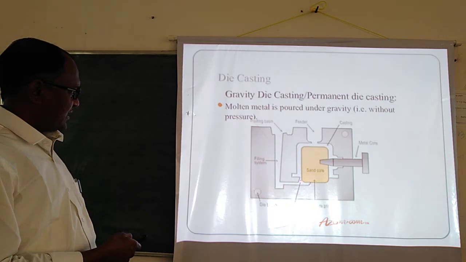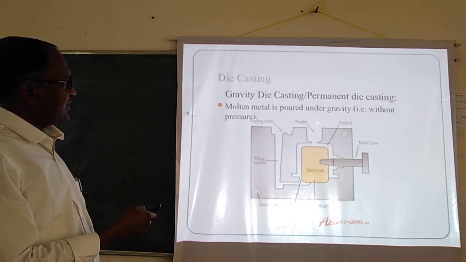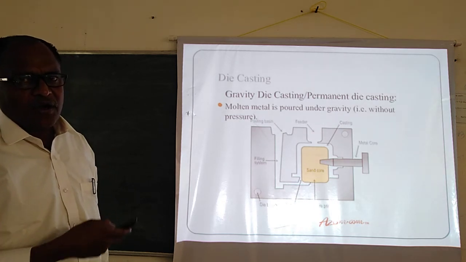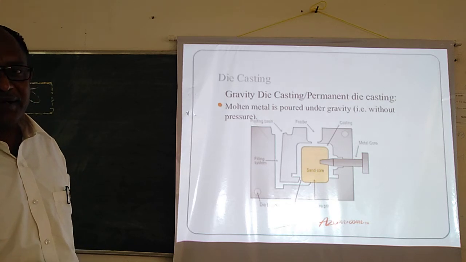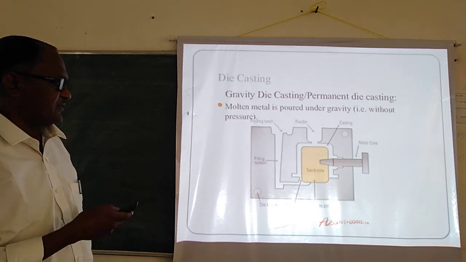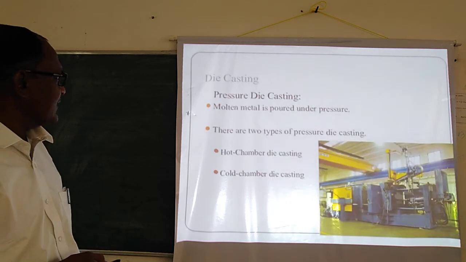This is the gate. It fills all this mold cavity, and it comes up from this point. This is called a riser. All this happens because of gravity. No pressure is required in this case. So this is a gravity die casting process.